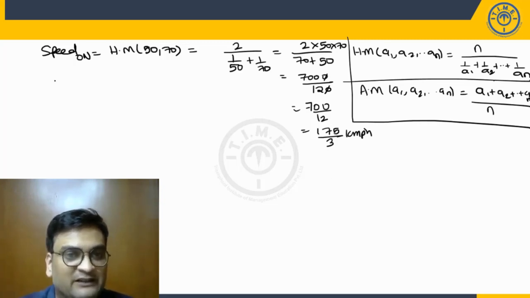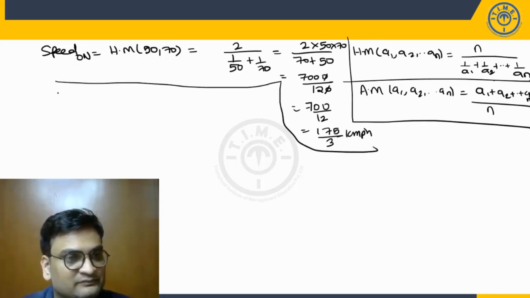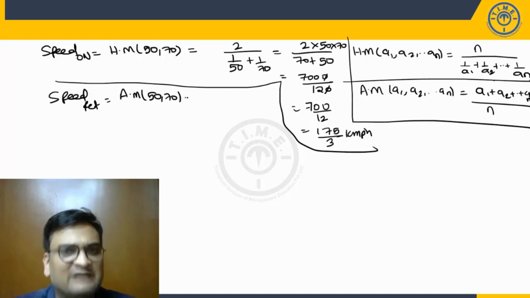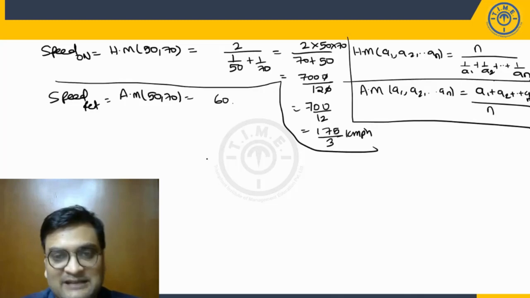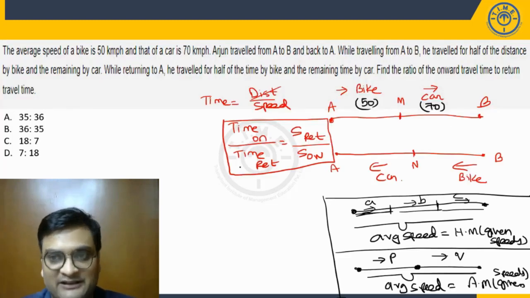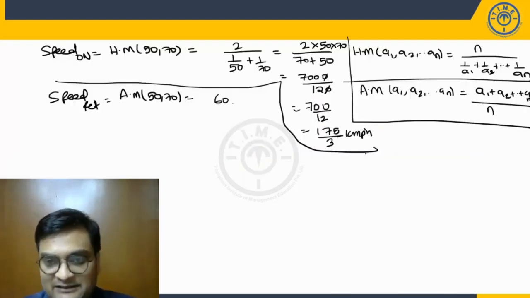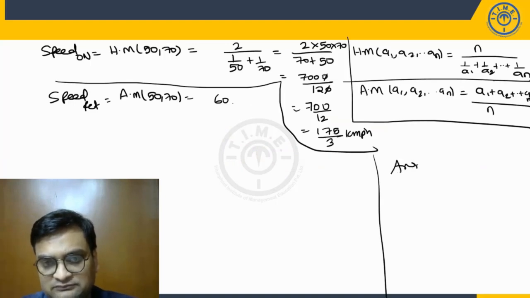Now what about the speed for the return journey? That is nothing but the arithmetic mean of the two speeds, which is a simple average and happens to be 60. Hence can I say my answer, time for onward and time for return, will be nothing but speed for return is to speed for onward journey.